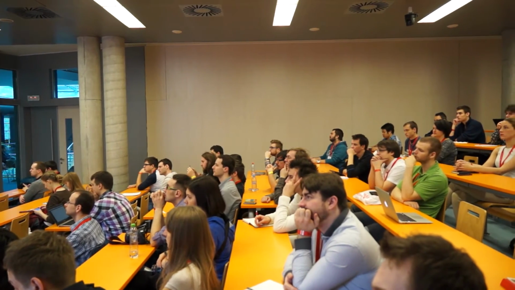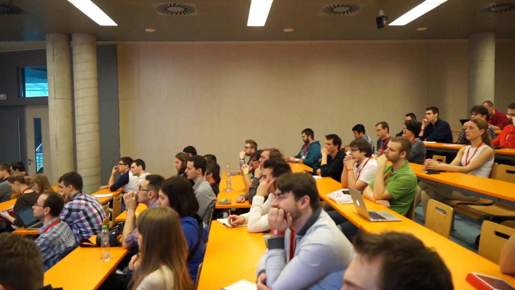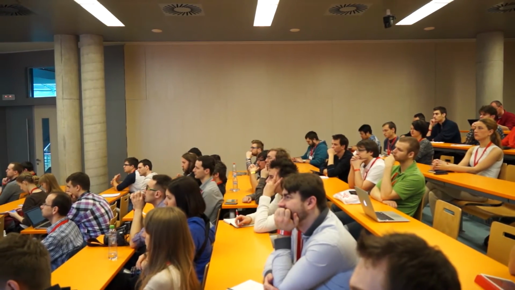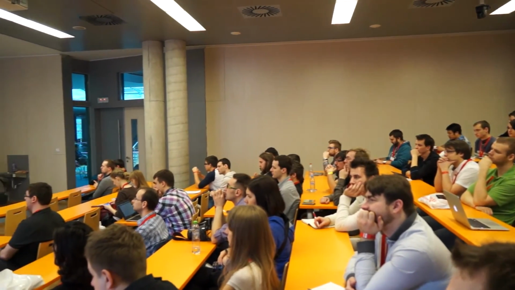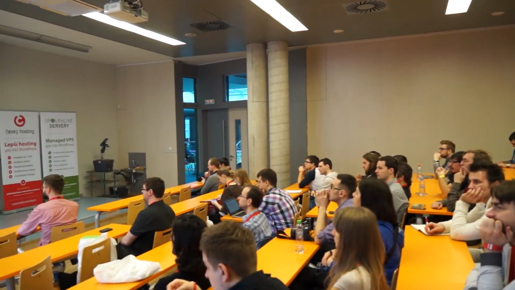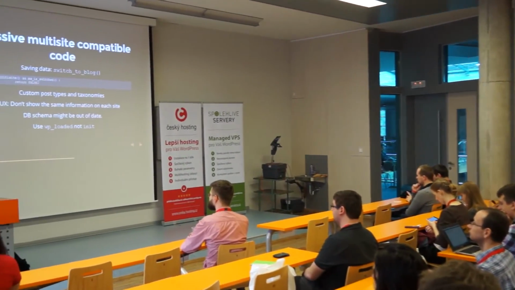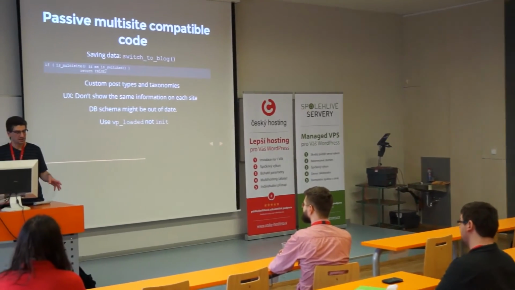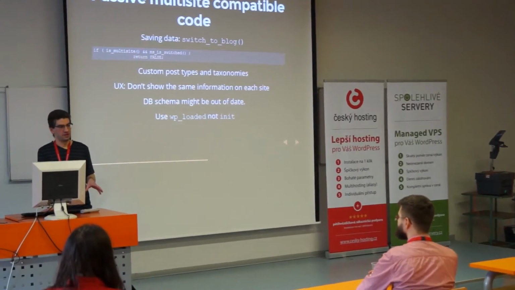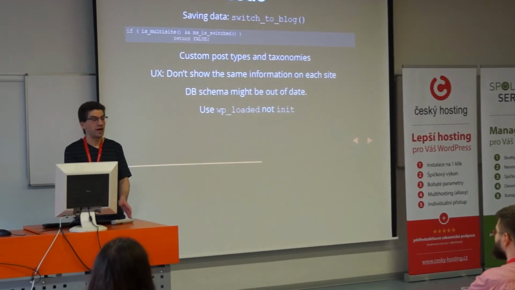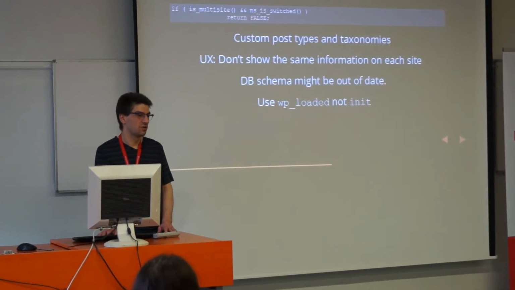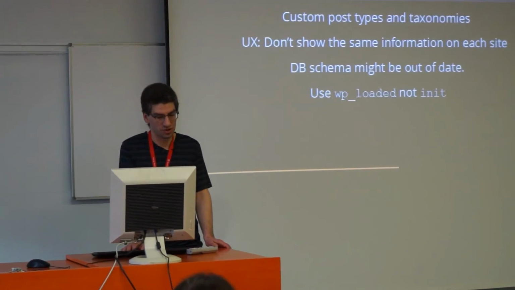And your code will break if you rely on certain changes in, for example, the term taxonomy table or similar. And you get really strange support questions then. Always ask, did you update all network tables? You can't do this yourself in your own code. You have to ask the user to do that.